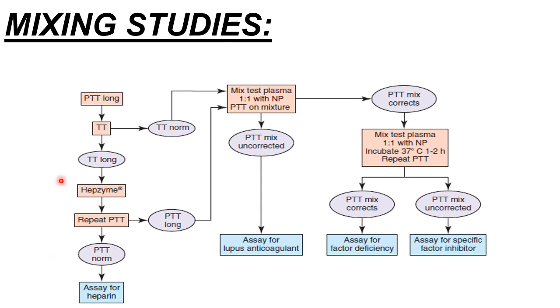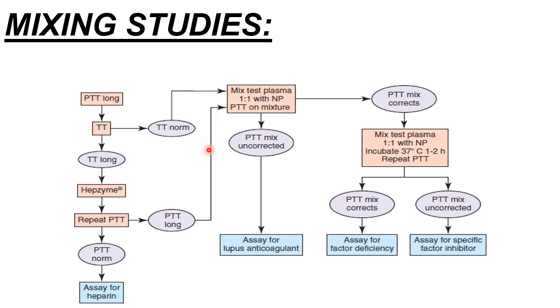Okay? Kapag naman yung thrombin time mo is normal, okay? Pwede ka mag-proceed to another test. You mix plasma with normal plasma. Yung patient plasma mo, i-mix mo with normal plasma.